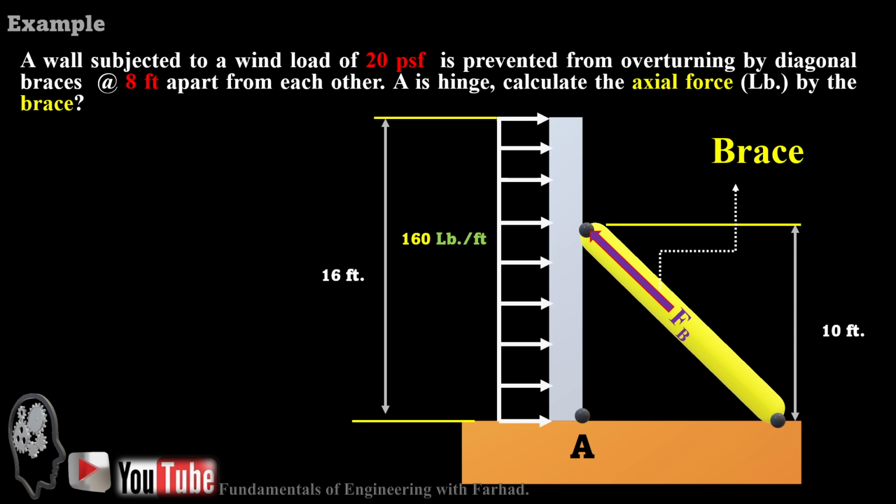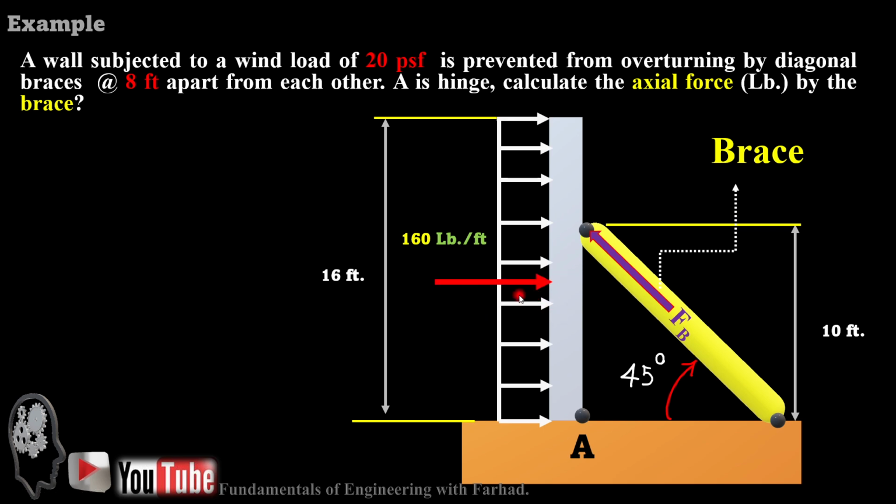Now we have our brace force, F sub B. We convert the 20 pounds per square foot into a linear distribution, like a distributed load over a beam, but this is not in a horizontal direction. It is standing in the vertical direction, and that's 160 pounds per foot.